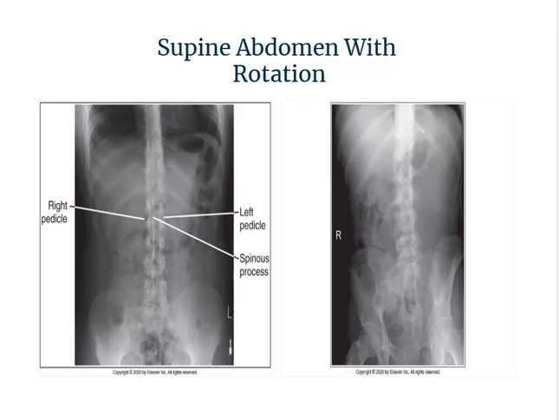But to detect rotation on an AP abdomen projection, we should compare the distances of the pedicles to the spinous processes on each side, the widths of the iliac wings, and evaluate the centering of the sacrum within the inlet of the pelvis.